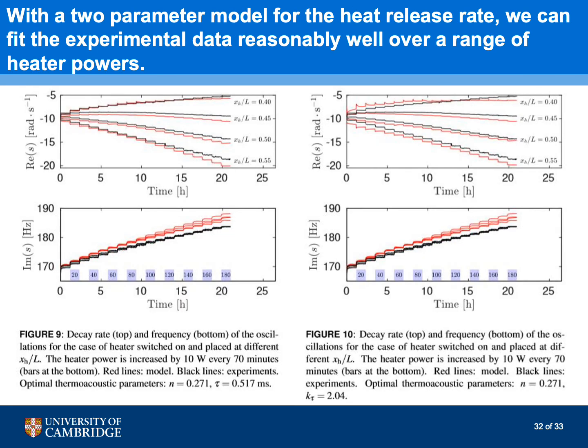Here you can see the comparison of experiments and model predictions of decay rates and frequencies for the 2 thermoacoustic models, one on the left and one on the right. Both models actually give satisfactory results, although the first one seems to perform slightly better. Notice that we found a value of k tau for the second model of about 2, which is very close to 1, the theoretical value.